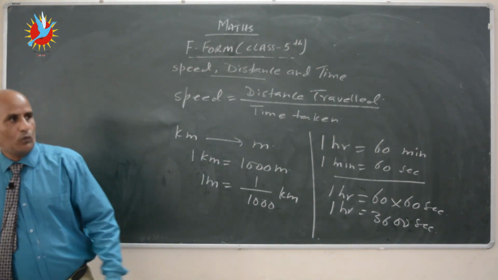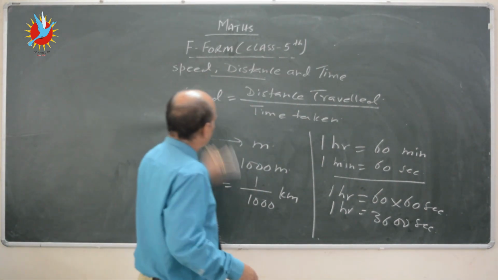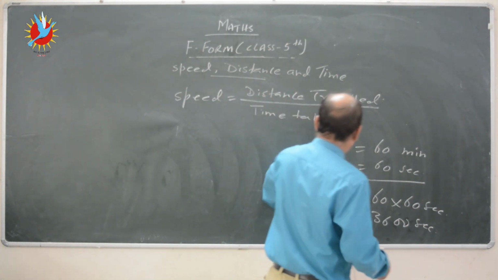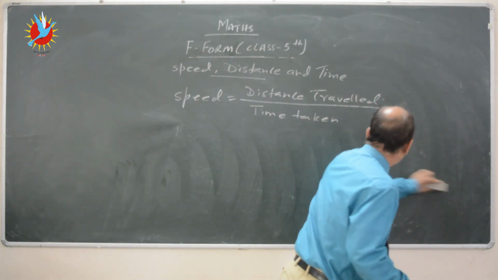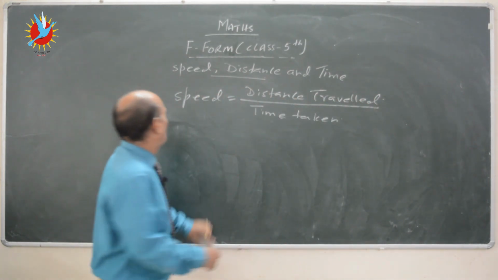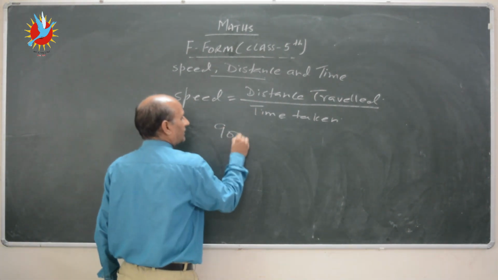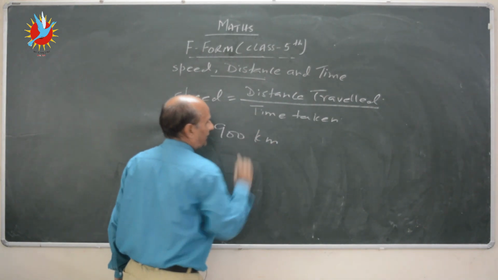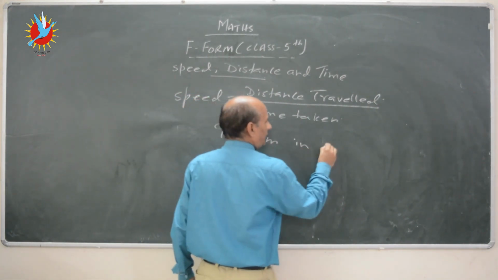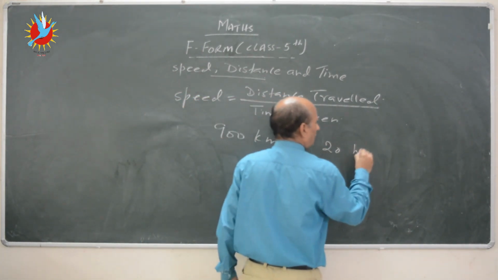Let us take one example. We find the speed of a car which covers 900 kilometer in 20 hours.